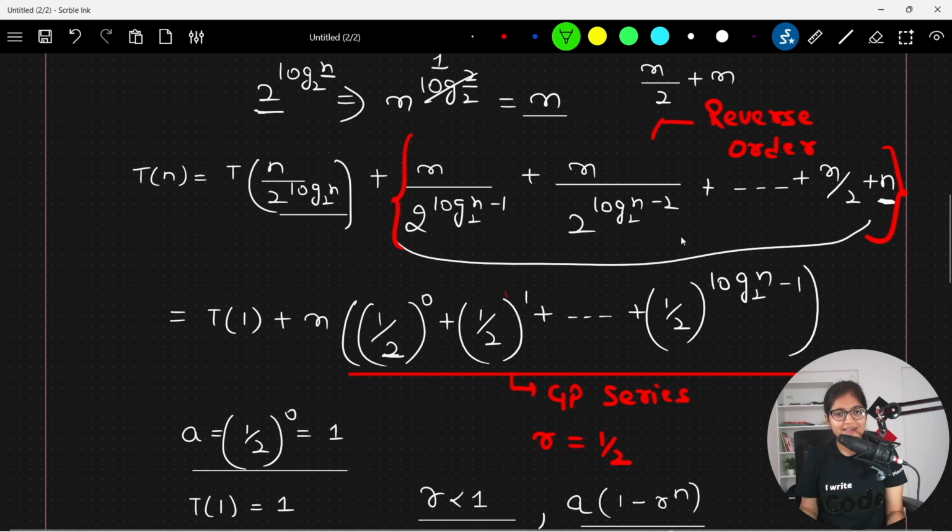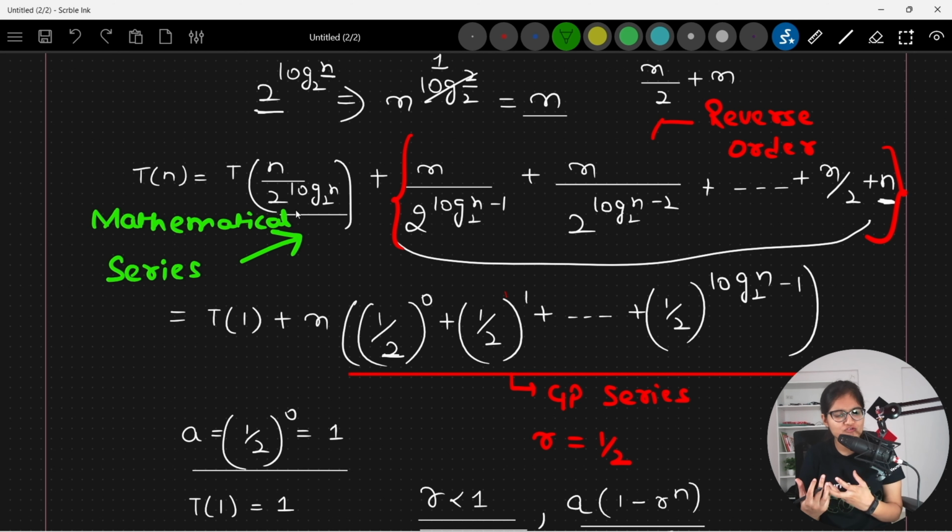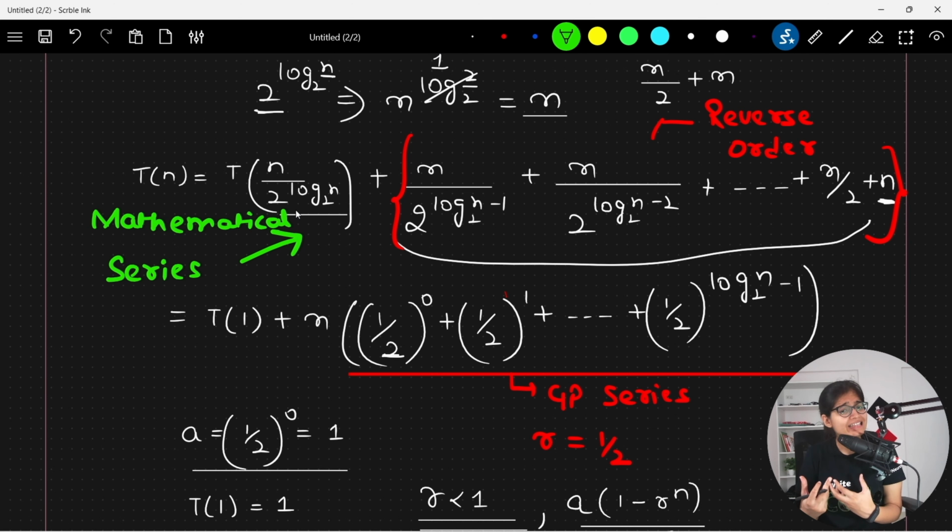Now you always get, somewhere or other in a substitution method, a mathematical series. Whether it is an AP series, GP series, or any logarithmic series or exponential series, or maybe sine, cos, or maybe sum of n natural numbers. These things you should know. These are the very basic series you should be aware of.